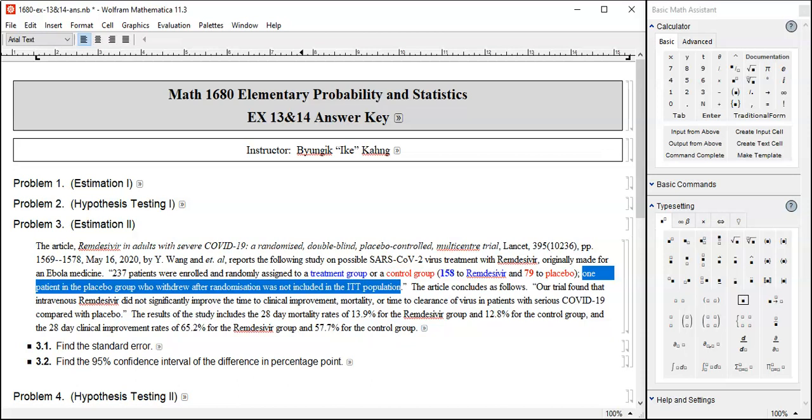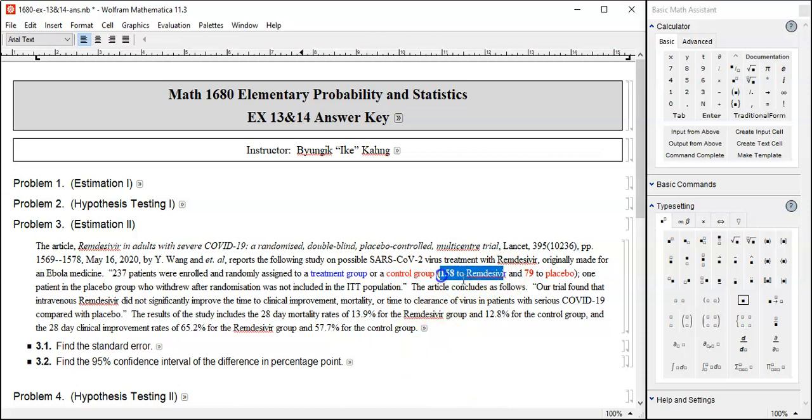This one has absolutely nothing to do with mathematics. It is there to certify the validity of this medical experiment, not the mathematics. The mathematical analysis is all about 158 versus 79.